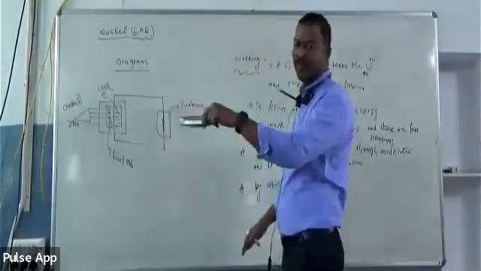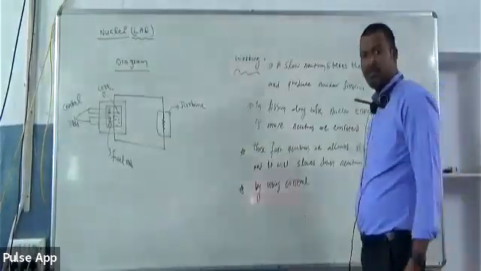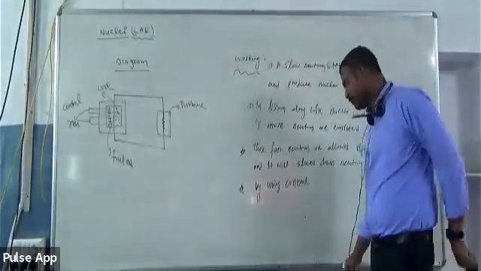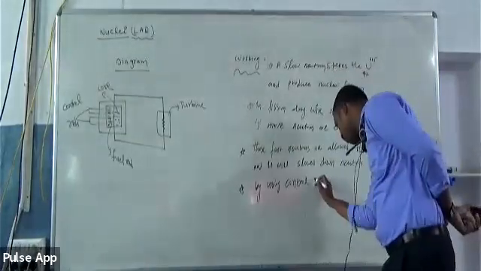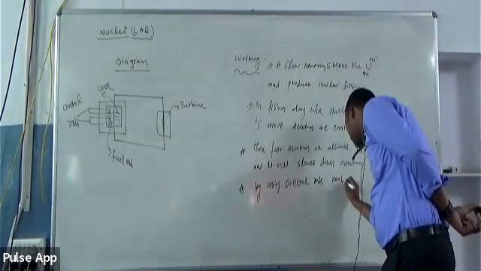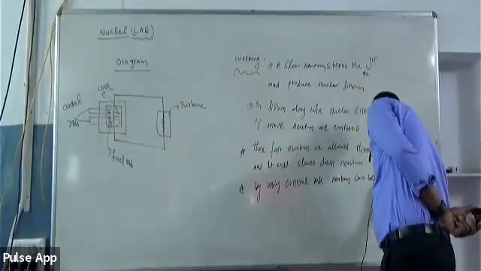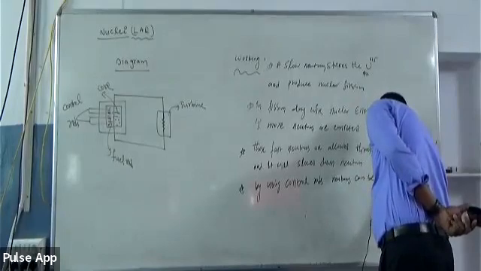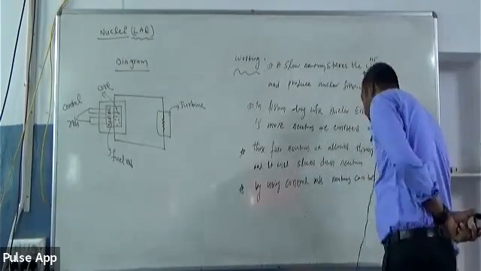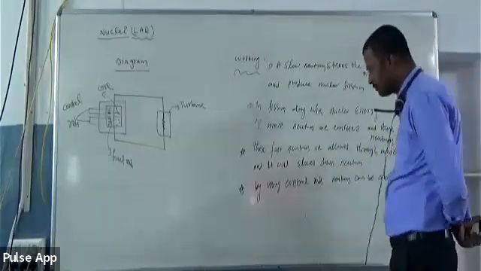So due to this inward and outward motion of the control rods, two of the neutrons can be absorbed. So by using control rods, neutrons can be absorbed. Clear?